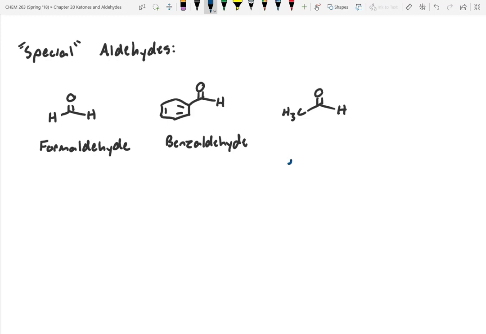It's 2 carbons, so eth-, ethanal. You can imagine that gets pretty tricky. You have to pronounce it super clearly with an al suffix, otherwise people think you're talking about the alcohol. Because of that, people really don't like calling it ethanal because it's so easily misinterpreted. So instead of calling it ethanal, people call this acetaldehyde.